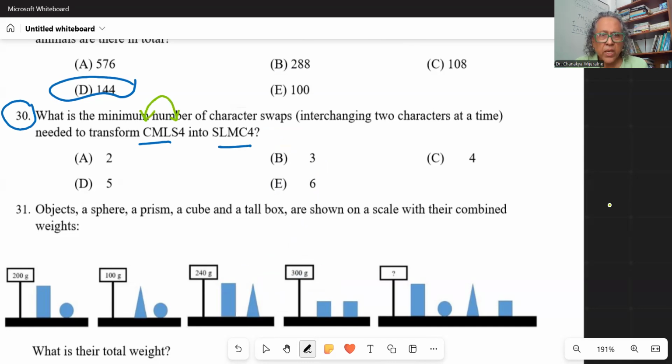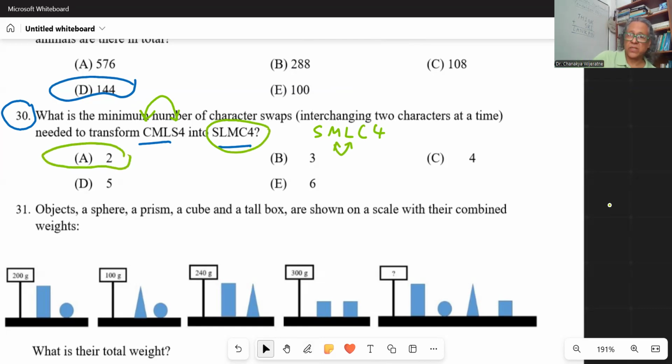Then I get SMLC, but it should be Slmc. So another swap, right, will get me this. That means 2 swaps. See how easy it is to understand the question, right? Of course, you can actually do that in 3, 4. Okay, so you can look at them leisurely, right?